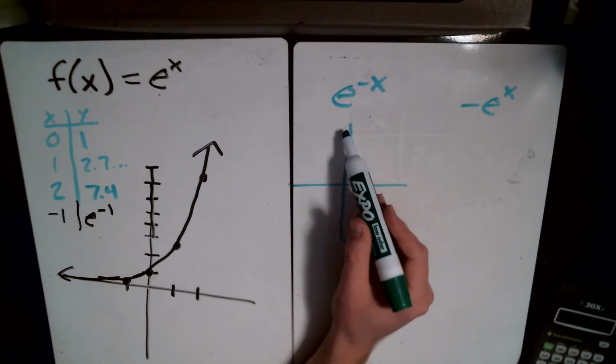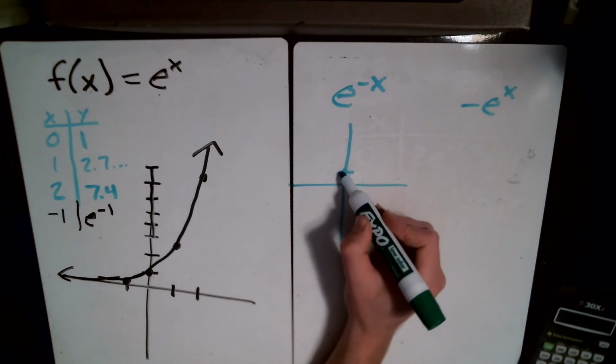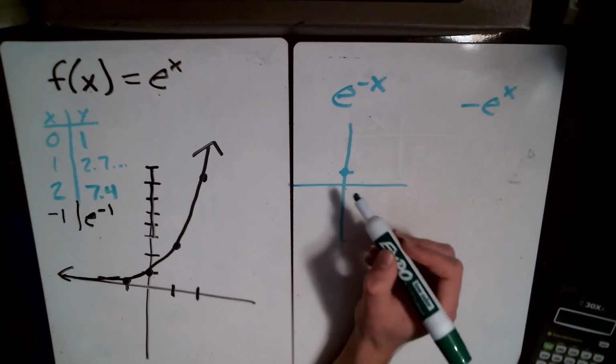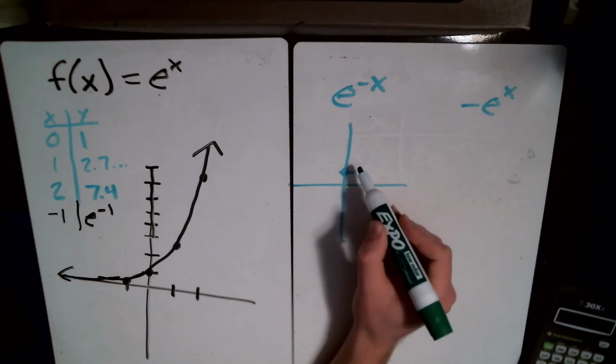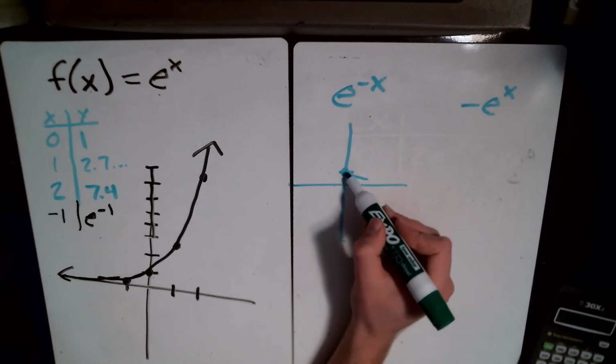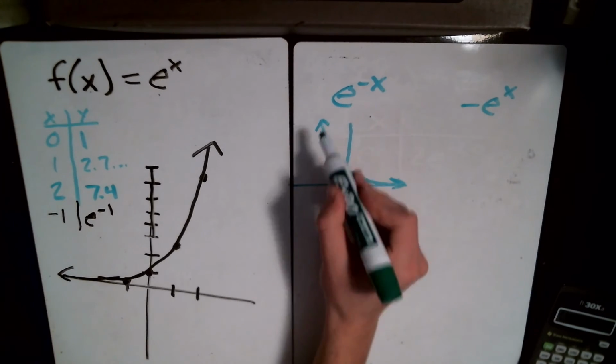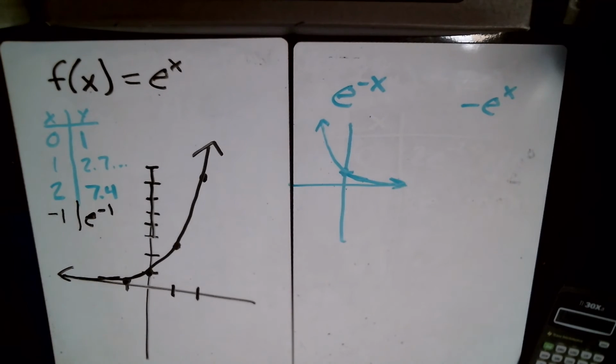Well, it's still going to go through 0, 1, right? But instead of going up this way, it's actually going to be going down over here towards the axis and then shooting up over there. Okay, so that would be e to the -x. That's what that graph would look like.